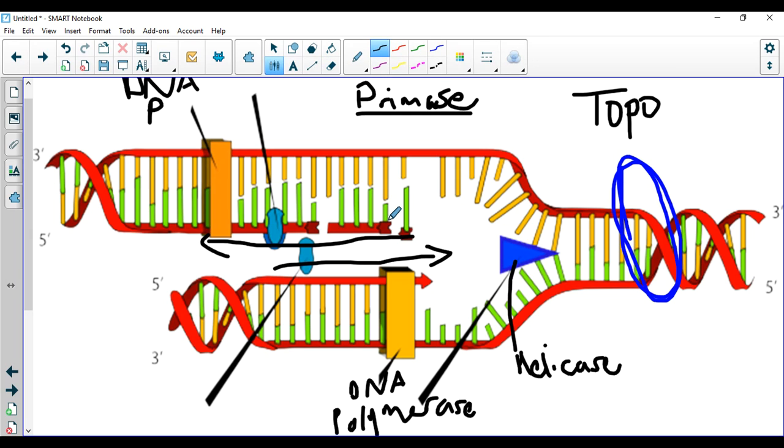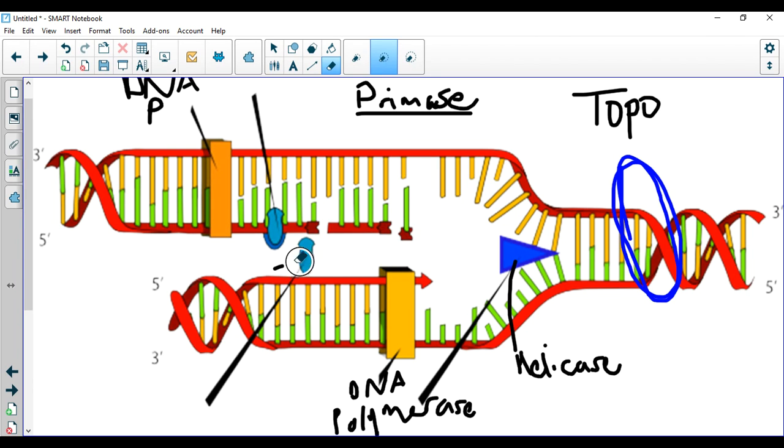Now, the other strand is made in segments. You can see these individual segments here in the lagging strand. This is because DNA polymerase can only move in one direction. It can only move from 3' to 5'. So it has to attach at a certain area that allows it to move in that one direction.